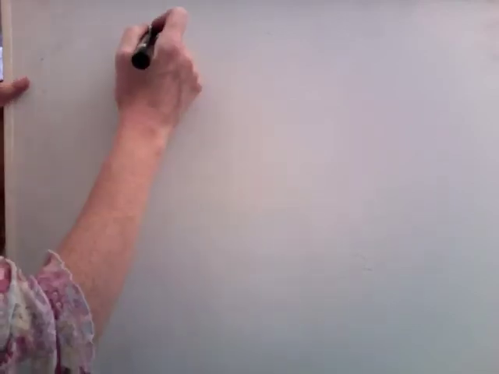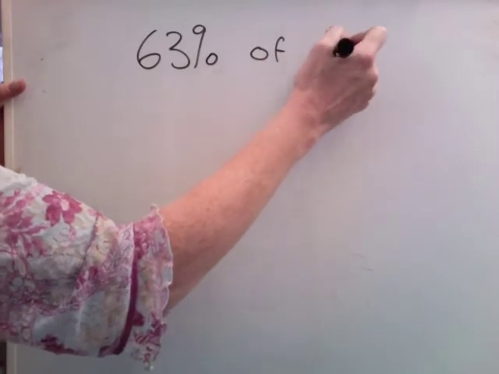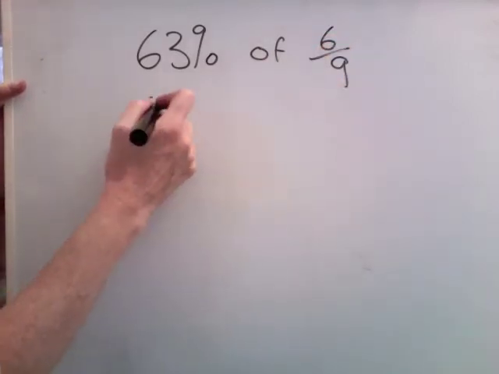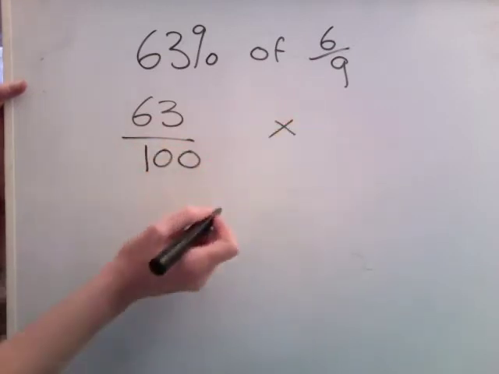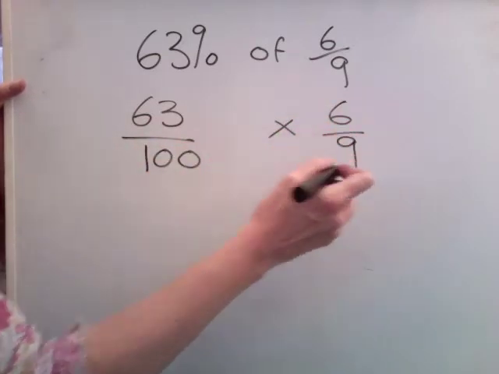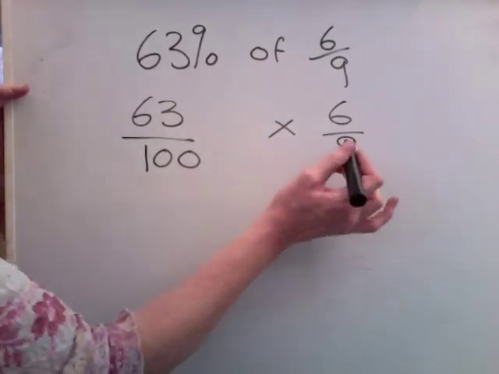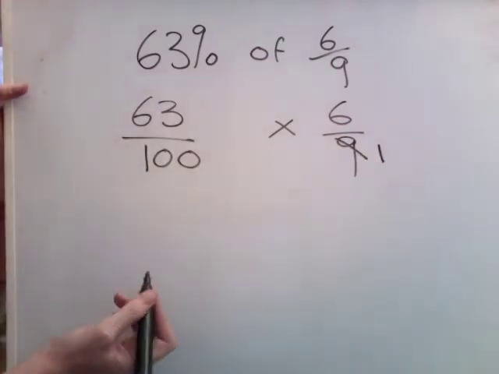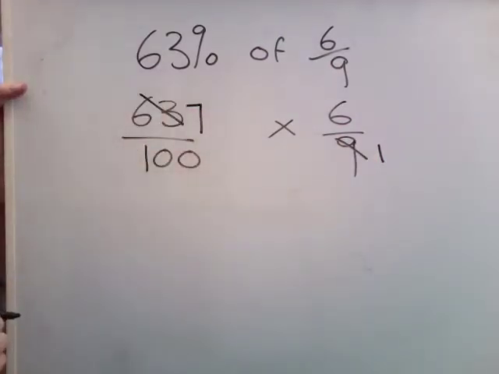63% of 6/9. So this is slightly different. But if you just follow the same rules, 63 as a fraction, 2 digits, 2 zeros, of is times. 6/9 is already a fraction, so we don't need to do anything. Cross-cancelling, I know that 9 divides by 9, and so does 63. There are 7 9s in 63.